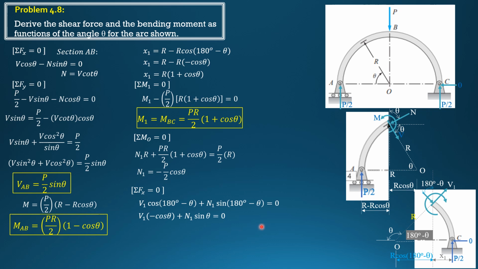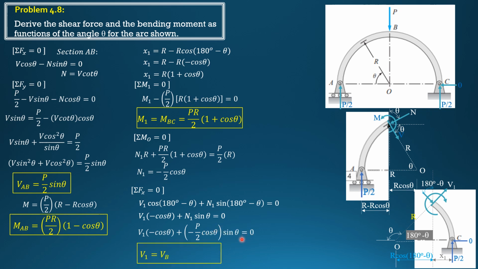So remember that from trigonometry, sine of an angle is equal to sine of its supplement. So simplifying sine 180 degrees minus theta, it is just sine theta. And cosine of 180 degrees minus theta is negative cosine of theta. So we have V1 times negative cosine of theta plus N1 times sine of theta equals 0.